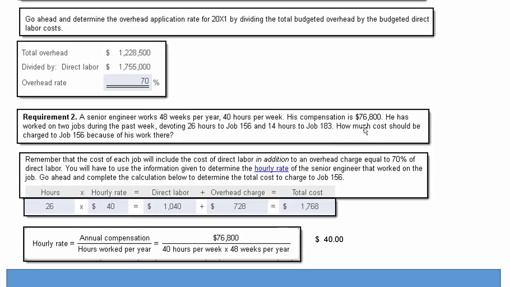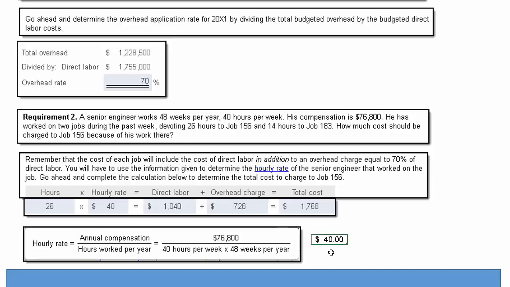$76,800 was his compensation given here, right? And he typically works 40 hours per week, 48 weeks a year. So if we multiply 40 times 48 and divide the 76,800 by that, we get $40. And you can see the calculation here is 76,800 divided by 40 times 48.